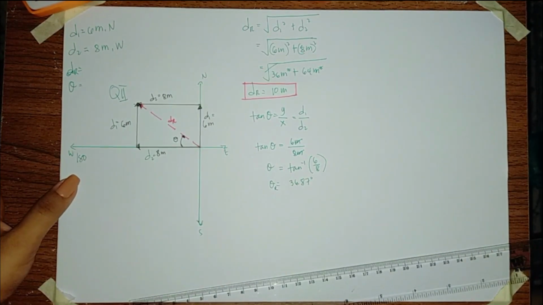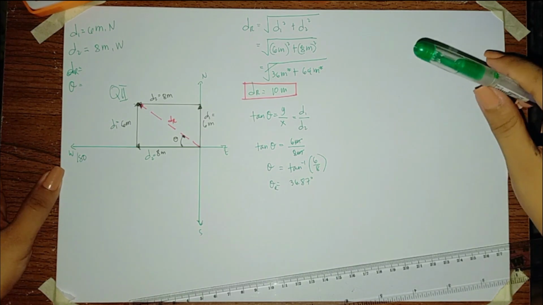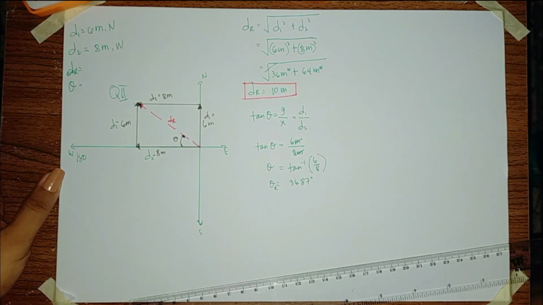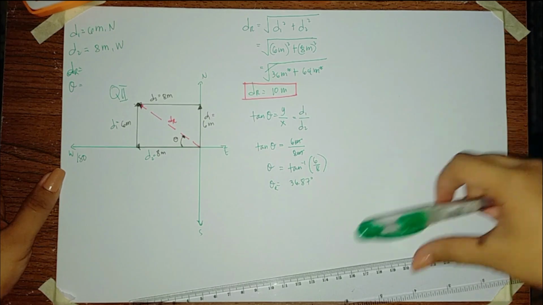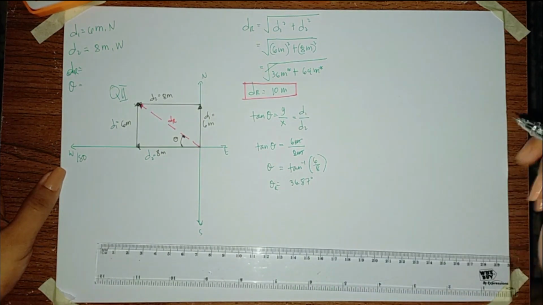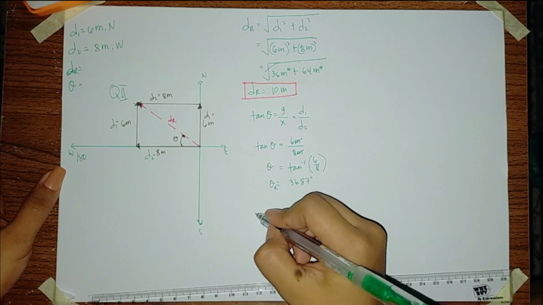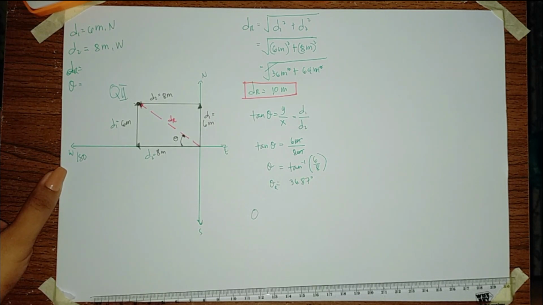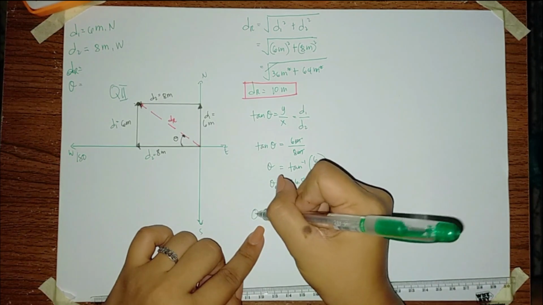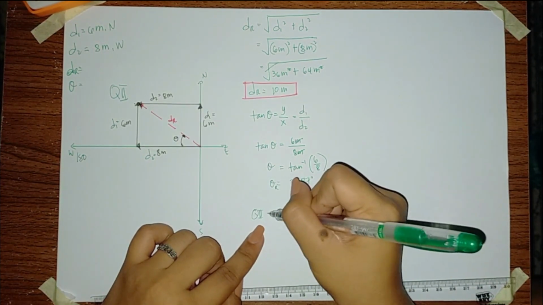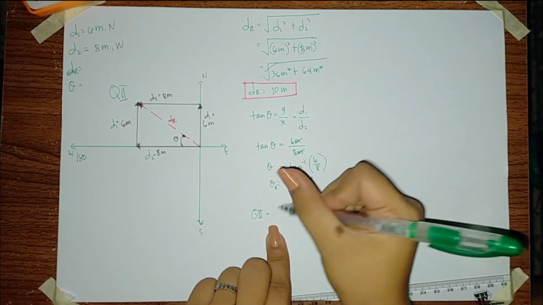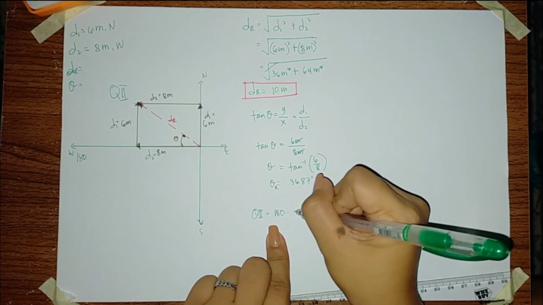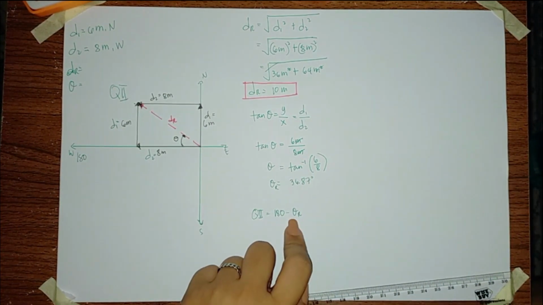Now, how can we get our final angle, knowing that our resultant is located in the second quadrant? For the second quadrant, the angle is equal to 180 minus our reference angle.